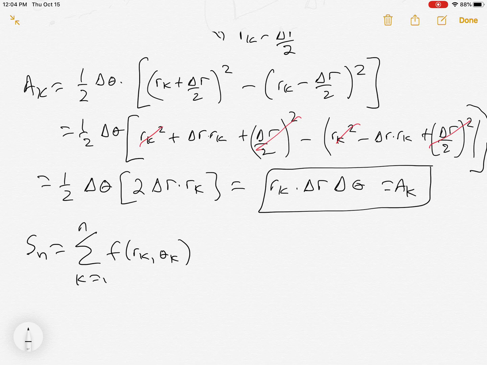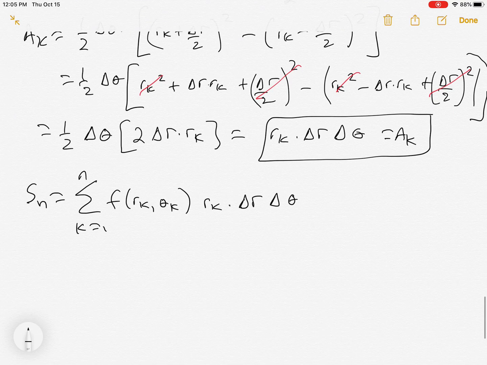And now we have our differential, r Δr Δθ. When you take the integral of this and take the limit, you get what's called a double sum because of the Δr Δθ.